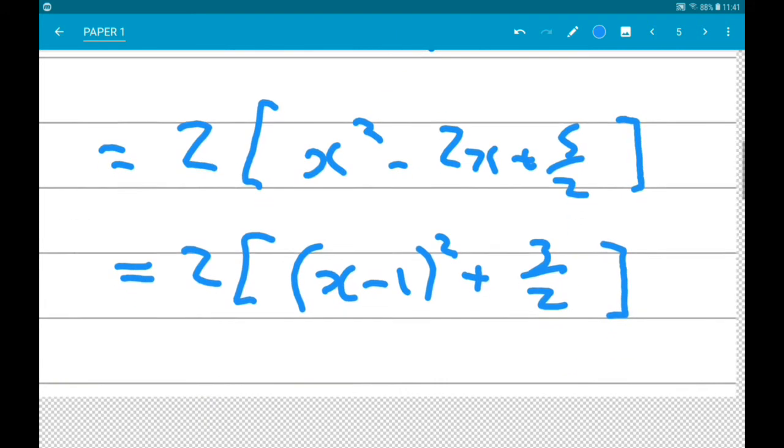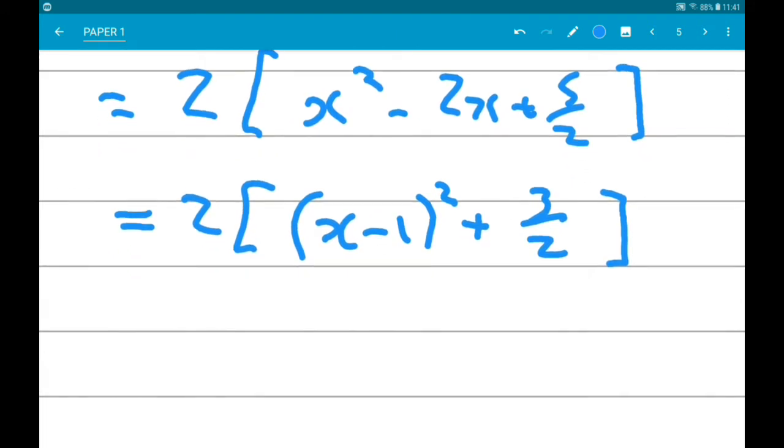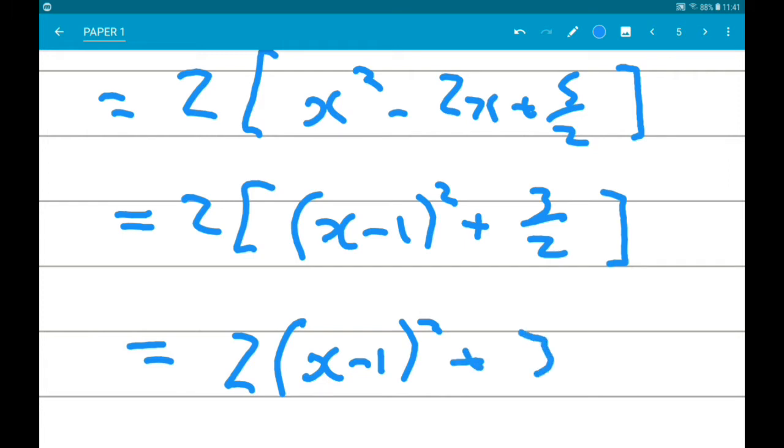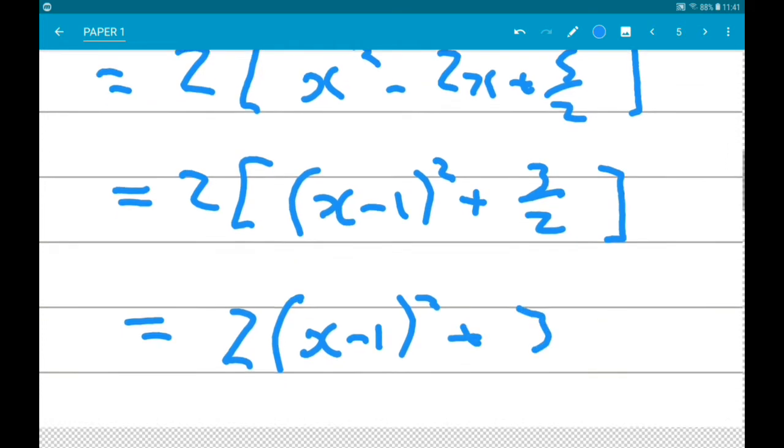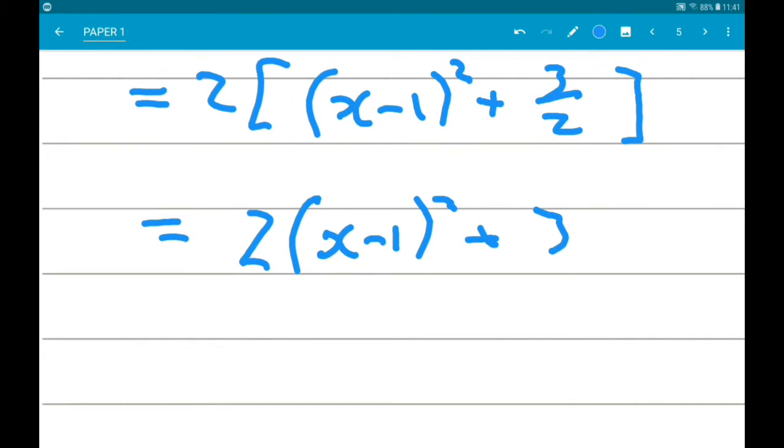Let the 2 back in, so that's 2 times (x minus 1) squared, add 3. So, this has a turning point at positive (1, 3).